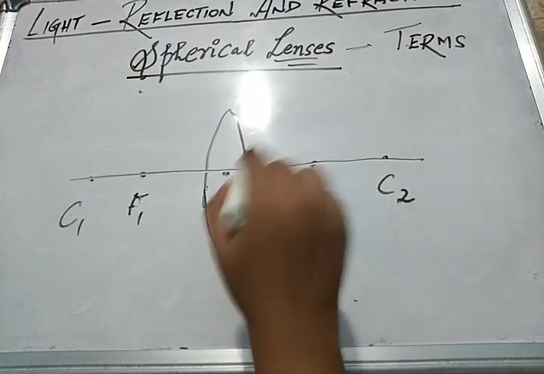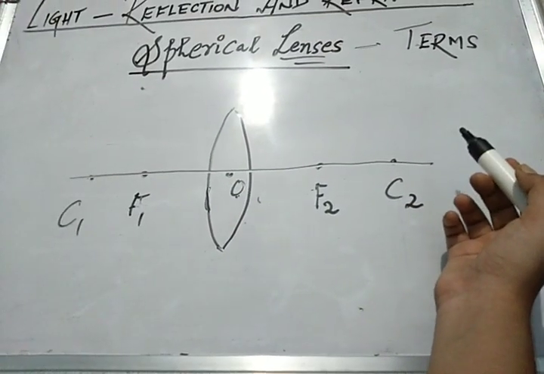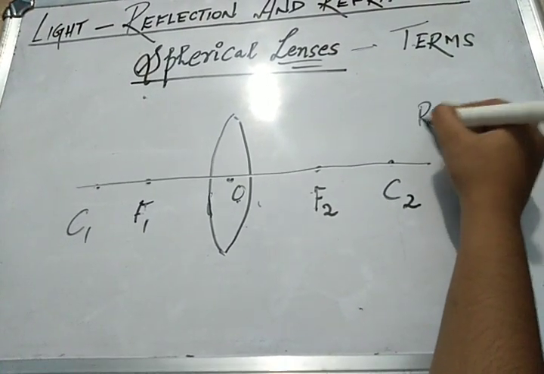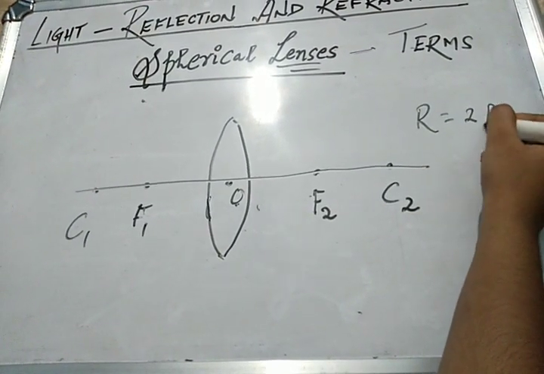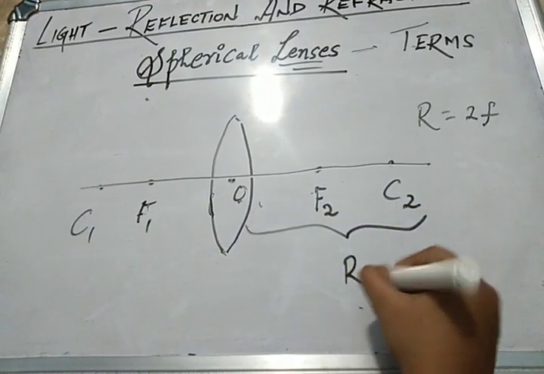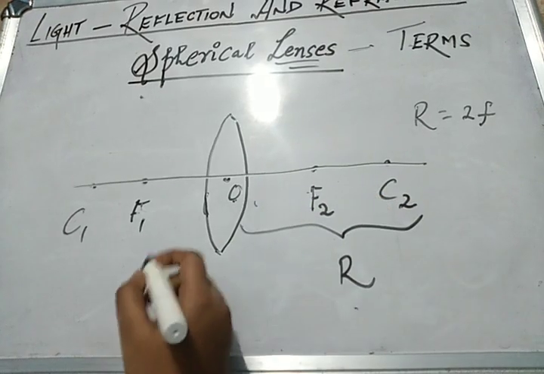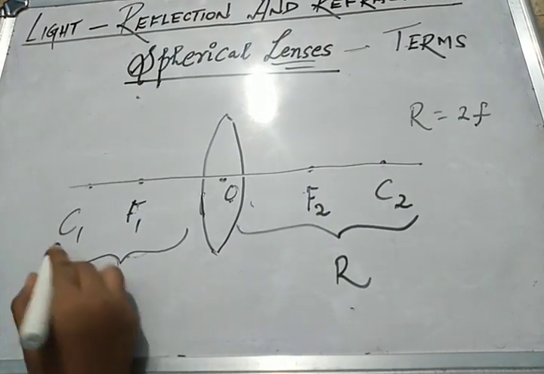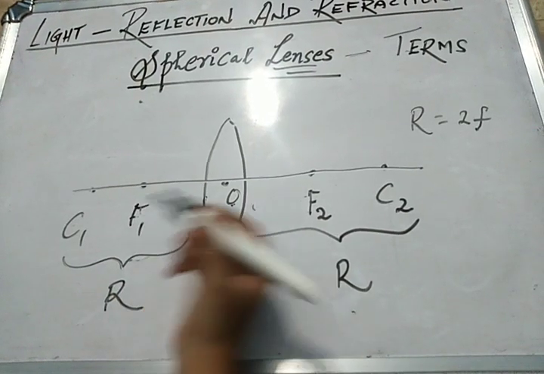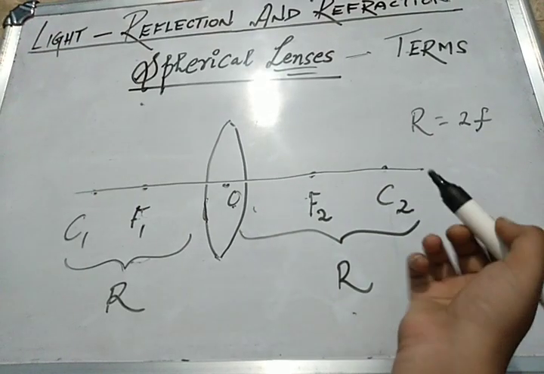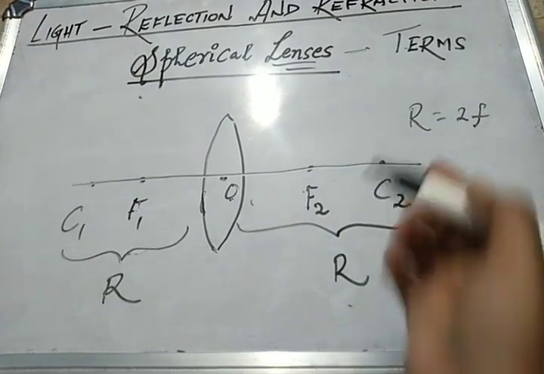And we have already learnt in our previous videos this equation, right? Radius of curvature is equal to twice the focal length. Now this distance in case of sphere, this is the radius, right? In case of sphere I am talking about. Even here it's like a radius, and we already know that twice the focal length is what? It is the radius of curvature.